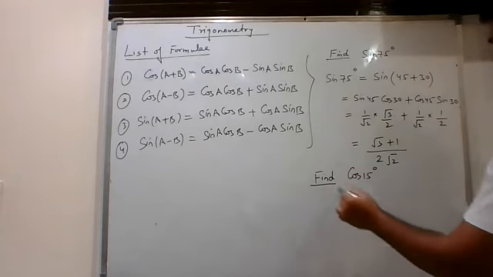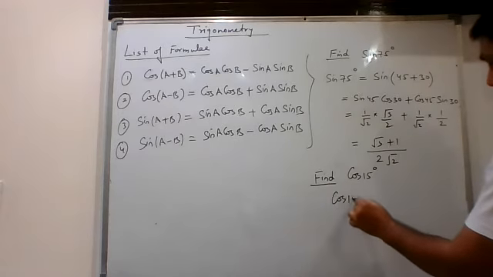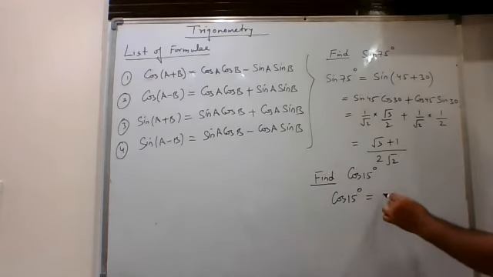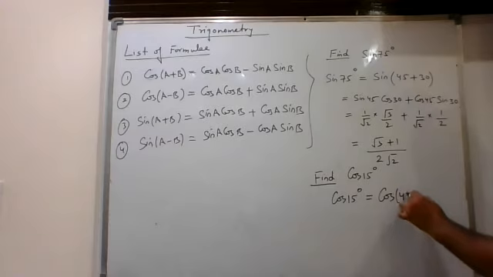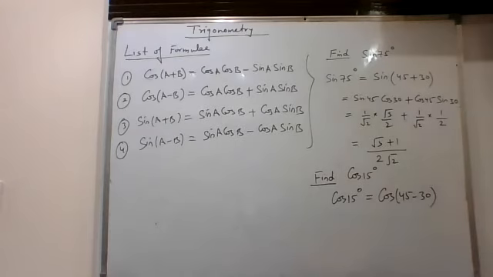For this particular question, you can write cos 15 degrees in known angles as 45 minus 30 and then proceed. After this, you need to apply formula number 2. Just apply that formula and then expand it.